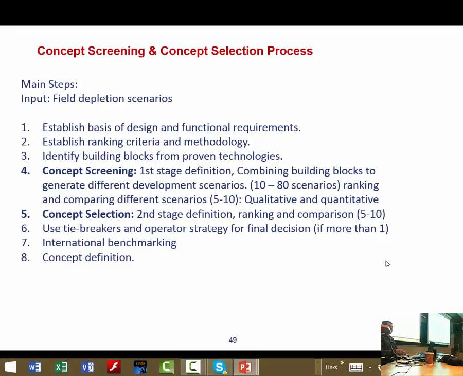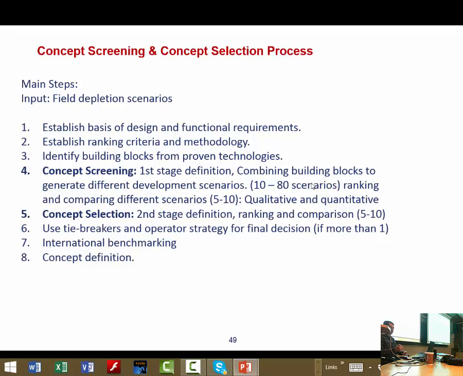These are just relative numbers, so that you know that in concept screening you have a much larger number of concepts than in the concept selection phase. Also you make a ranking and compare different scenarios qualitatively and quantitatively in order to reduce them to a sufficient number of scenarios for concept selection, which let's say will be 5 to 10 scenarios at the end.